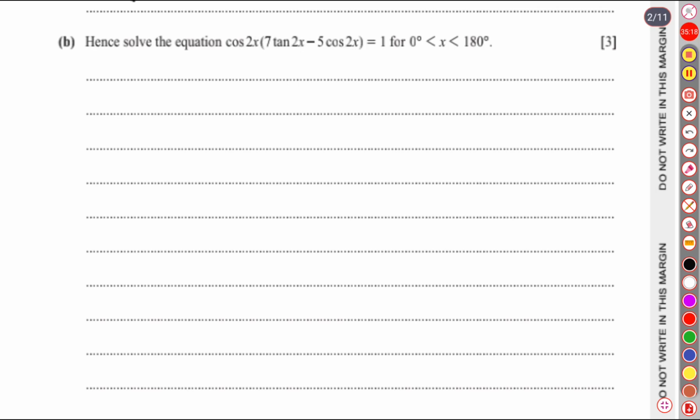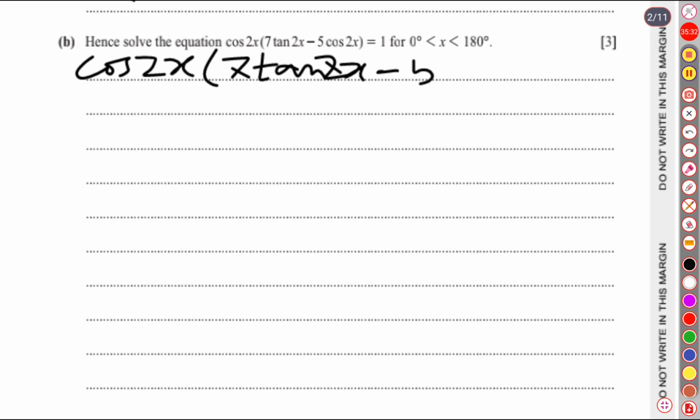Cos 2x into 7 tan 2x minus 5 cos 2x equal to 1. They have told that we can use the previous information.